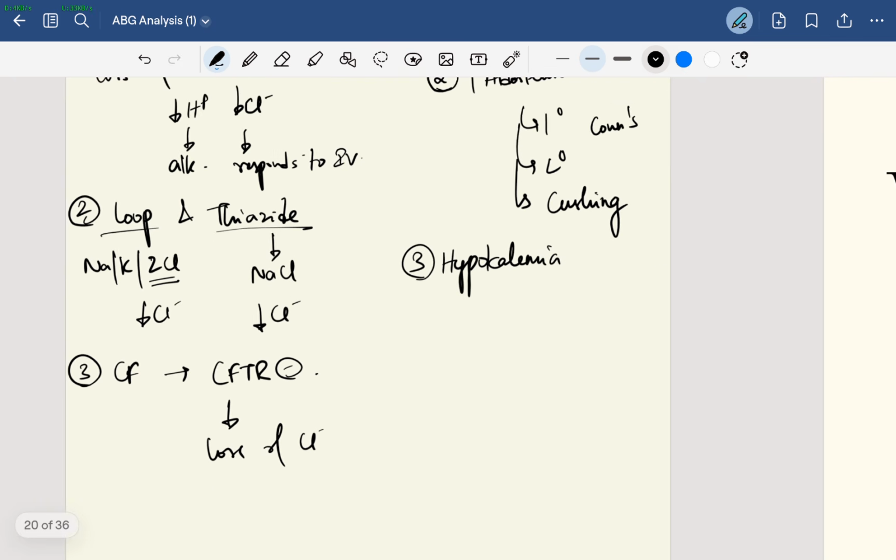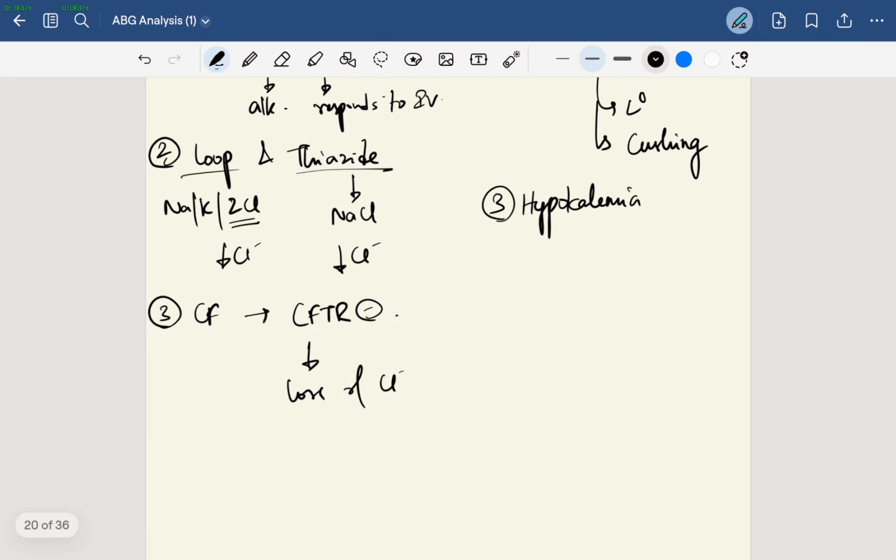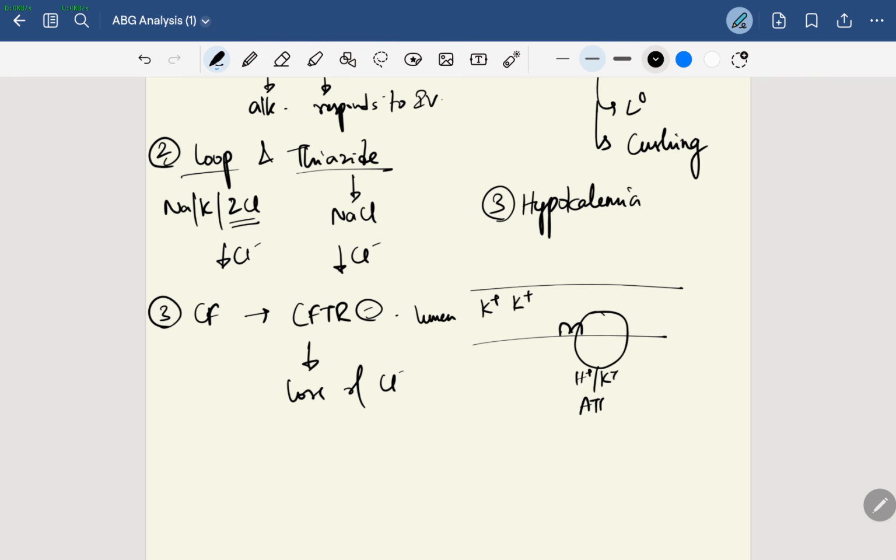As for the mechanism in number 2 and number 3, if you recall in the DCT, when there is potassium in the tubule, this is the lumen and the cells are here. So there's actually this H plus K plus ATPase which reabsorbs potassium and exchanges it out for hydrogen.